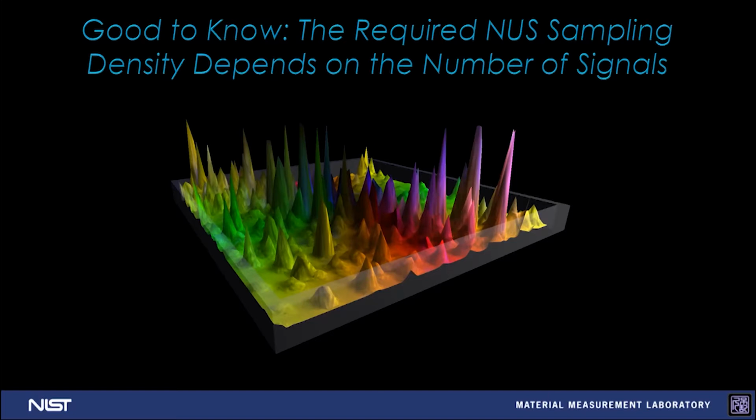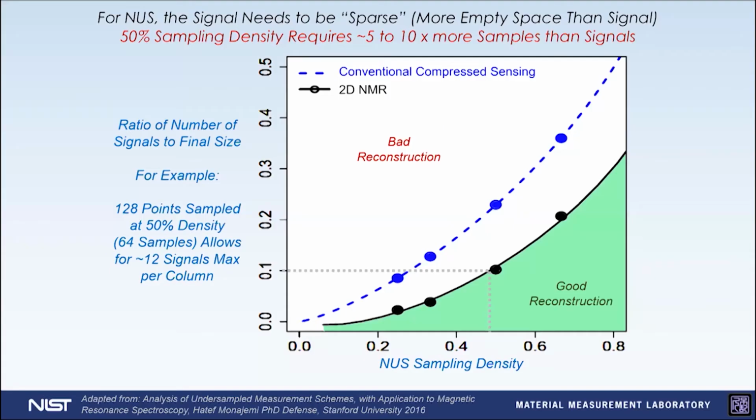But something critical to keep in mind is that the effectiveness of a non-uniformly sampled acquisition and reconstruction depends on the number of signals in the data. So that a particular sampling density that is suitable for one spectrum with a given signal to noise may not be suitable for a spectrum that has the same signal to noise, but a different number of signals.